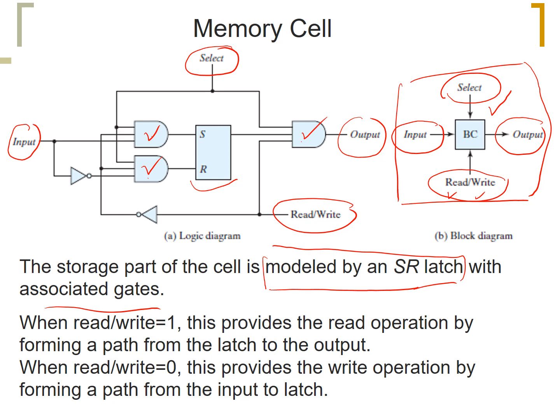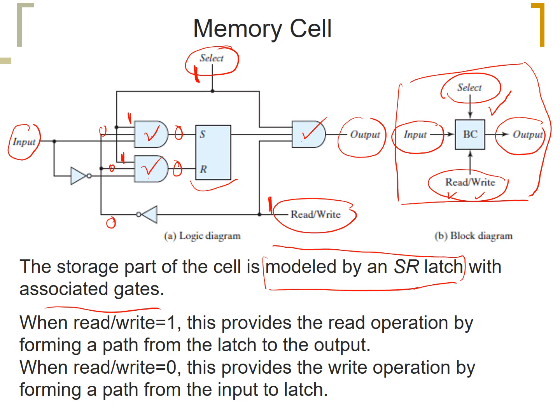Now let us assume the select is 1, so if this is 1, this will be 1 here, and this will be 1 here, and assume that the read-write is 1, so this is 1 here, and this will be 0, so this will be 0, this will be 0, so S will be 0, and R will be 0.